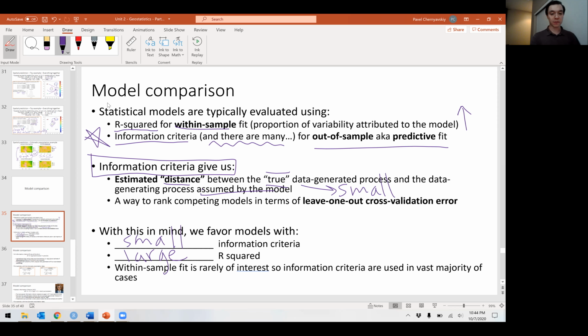And so we prefer models with small information criteria and large R squared. By the way, the units of information criteria are meaningless. So whether you are comparing 5,000,007 to 5,000,005, you're going to prefer a model with an information criteria of 5,000,005. 5,000,005 what? The units are meaningless.